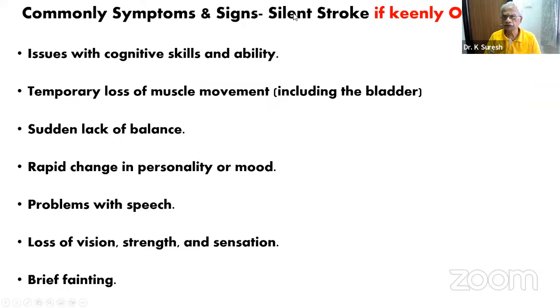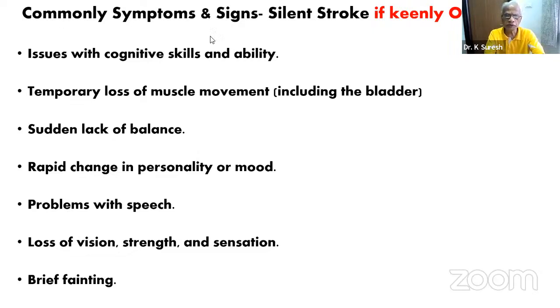Common signs and symptoms need keen observation by both the family and the family doctor. For example, the common thing is they start having issues with cognitive skills and ability. It could be passed off as an aging pattern also.